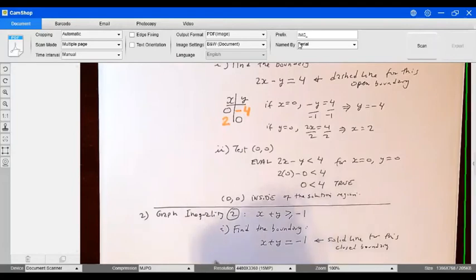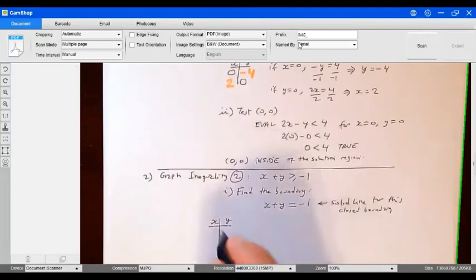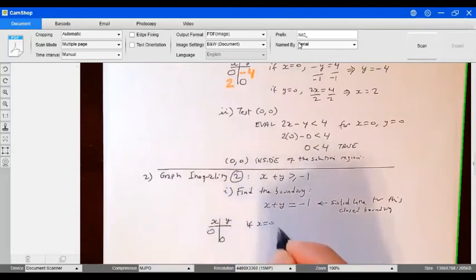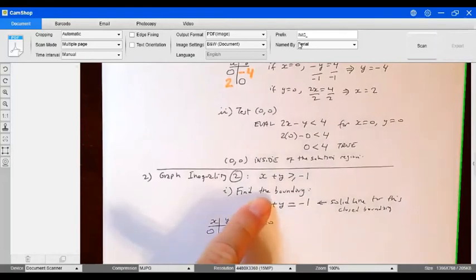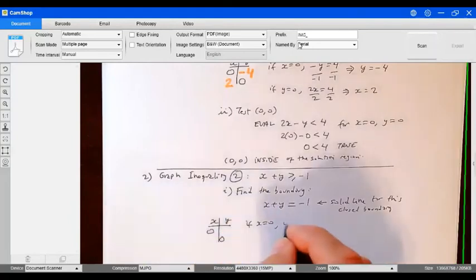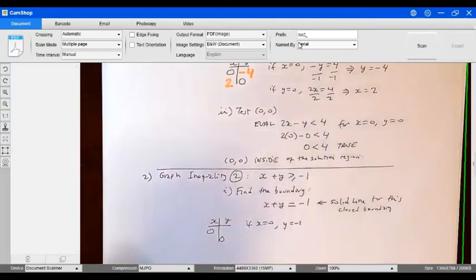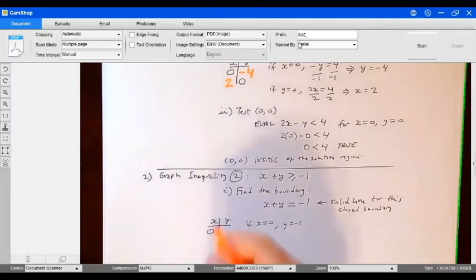Now we need to find the intercepts again for this equation. If x equals 0, you hide x, and you read y equals -1. So you write here -1.